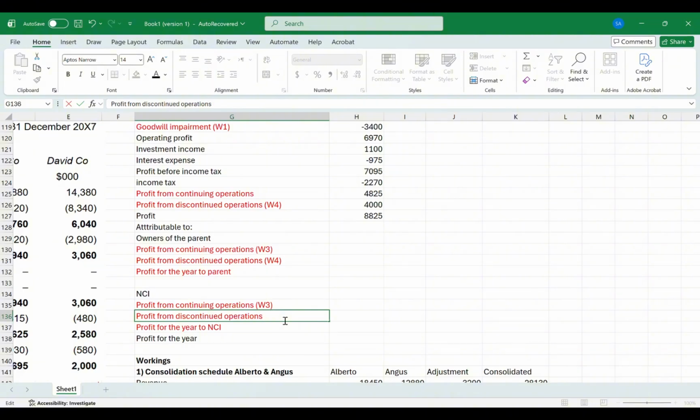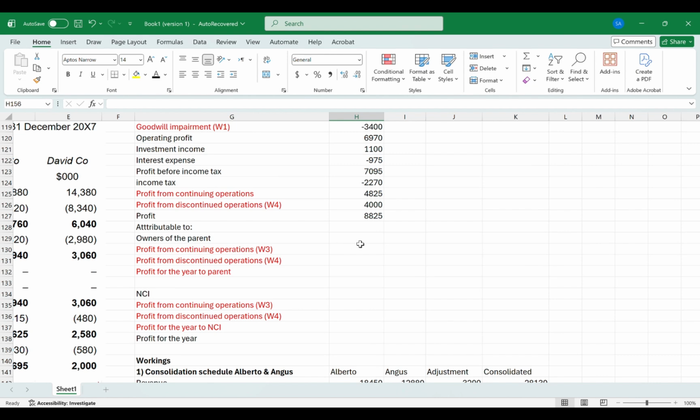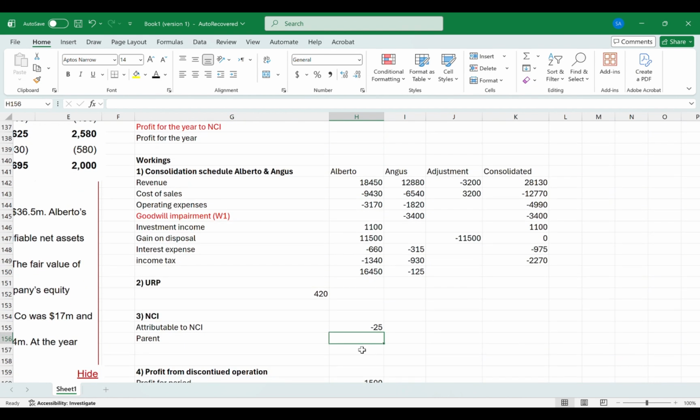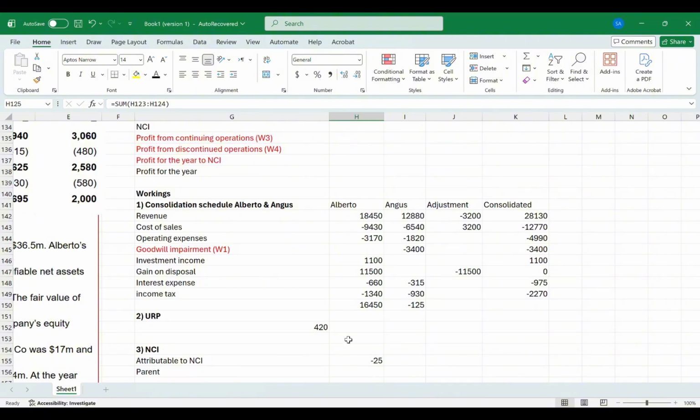W3 and W4. So let us go to working number 3. Now I know what is my profit, 4825. So now I can distribute among the two.